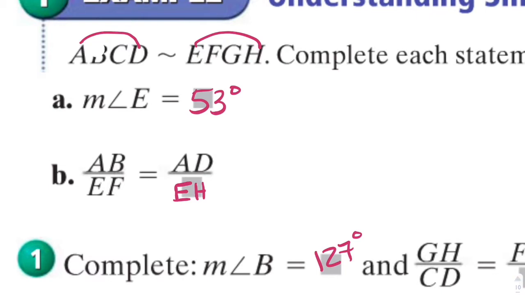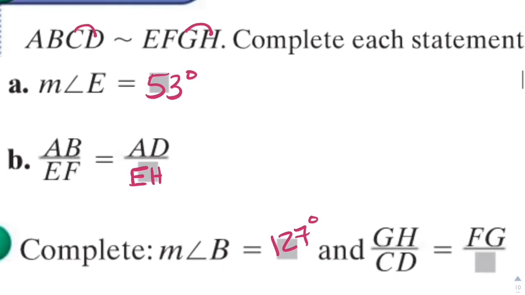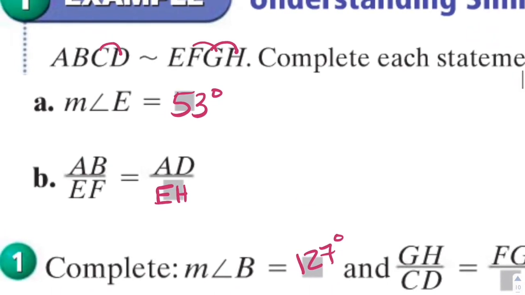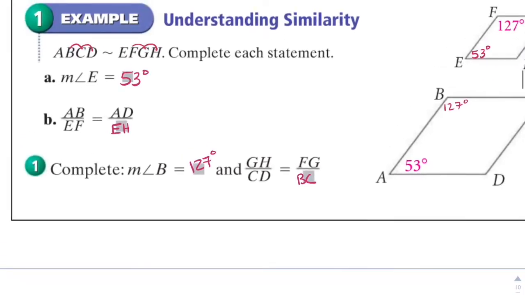So we just have to match up the letters from one to the other. And then we have another proportional statement, GH and CD. So we have GH is to CD as FG. Notice these two. So the order has to stay the same. So FG, we have to go BC. And that's the answer to a proportional statement.